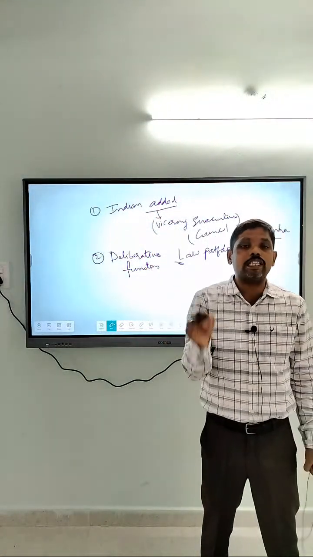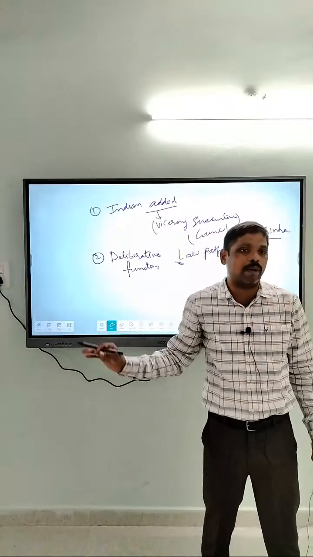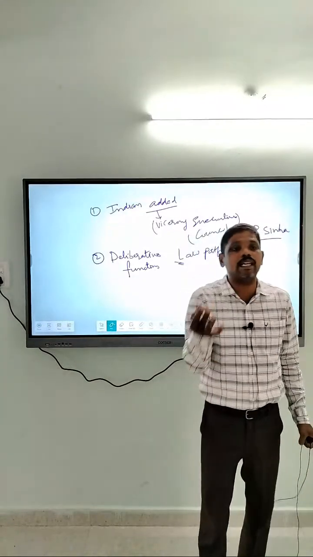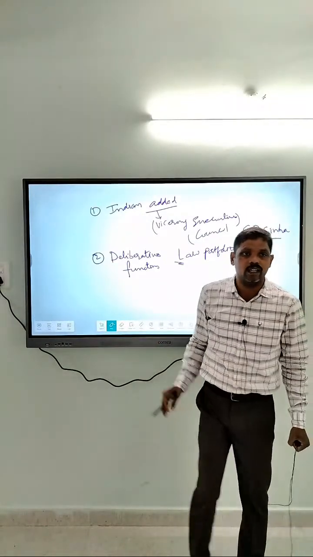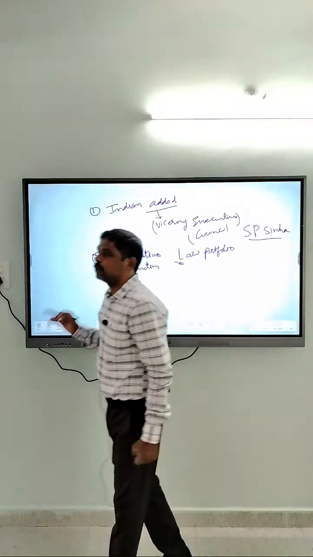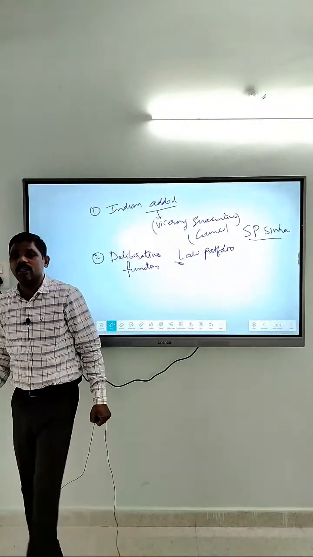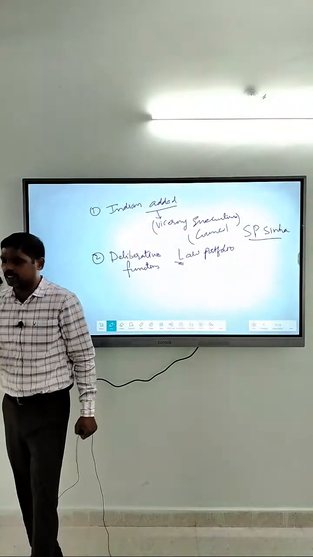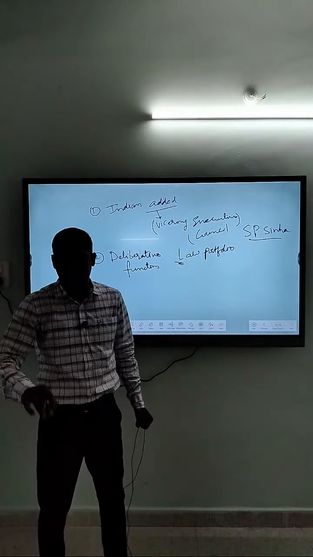So without discussion, without debate, without voting, there won't be any law passed. This concept of debate and discussion got started from the 1909 Act. So the 1909 Act is known for deliberative functions, which include discussions, debates and voting, right?